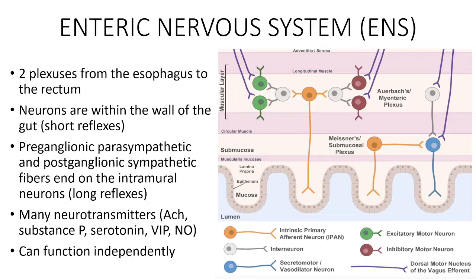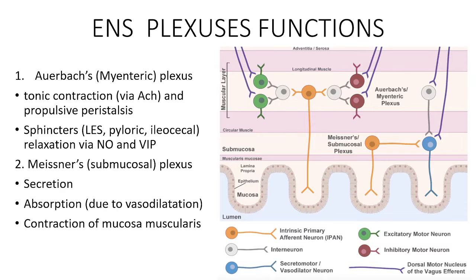So really a lot of neurotransmitters, starting from acetylcholine to norepinephrine, to substance P, serotonin, VIP, vasoactive intestinal peptide, and nitric oxide, which is a gas. ATP also. So it can function independently.